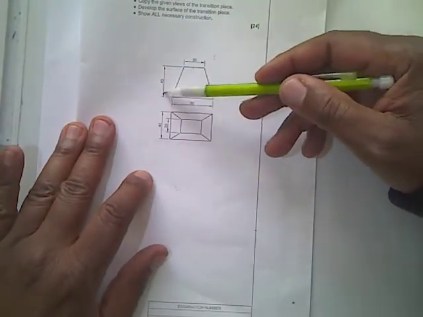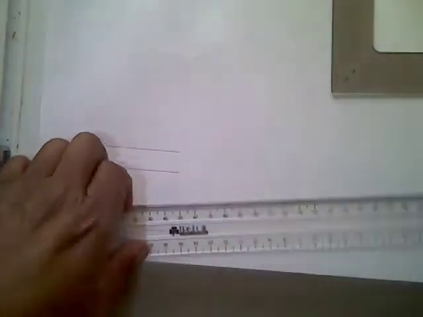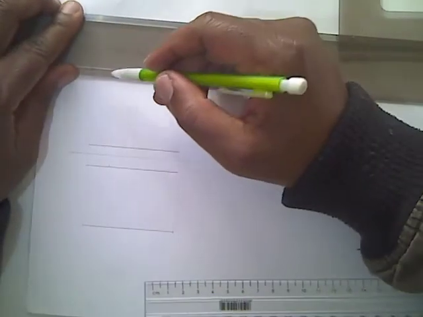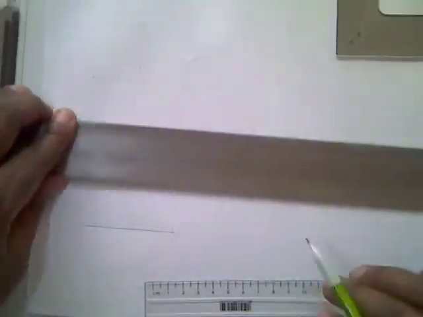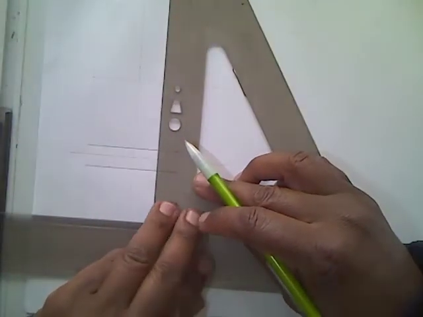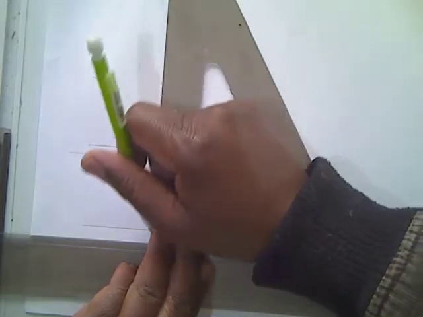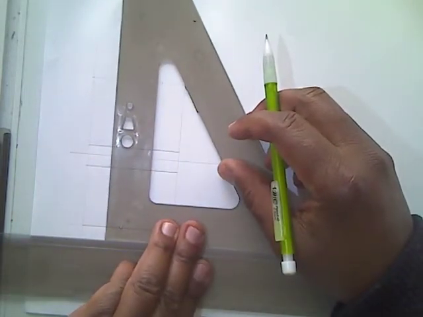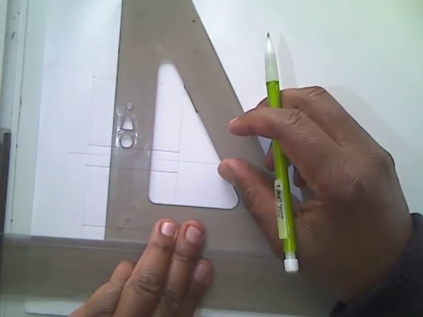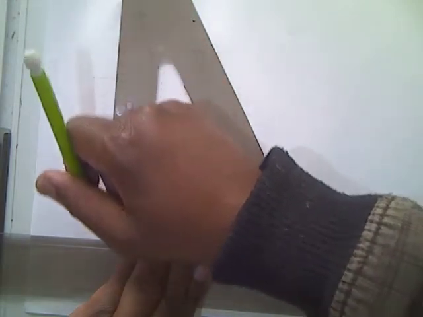This height is 45. My 45 will be here. The height here is 45 of the front view, but my front view will end there, very faintly here, very faintly there.